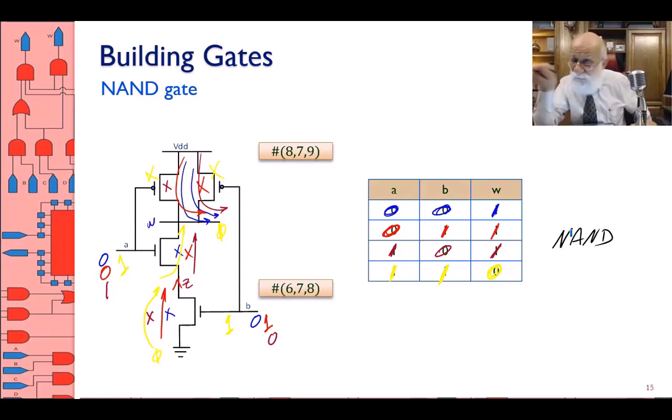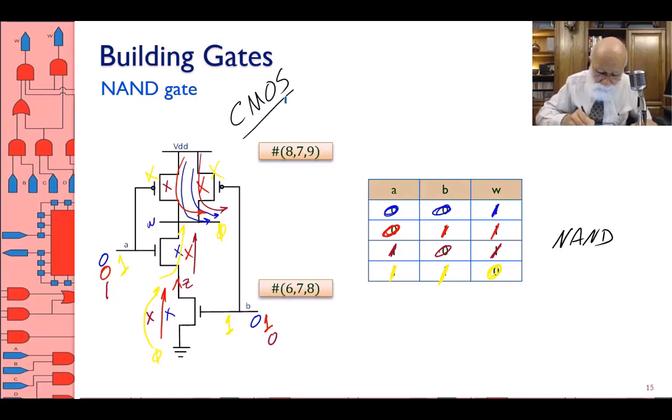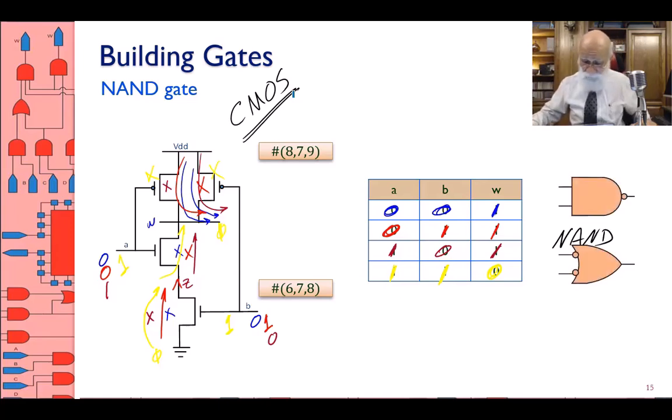So in transition, you get Z's and X's, but that's no problem. In a stable situation, you never have both of them conduct. And therefore, this is called CMOS, complementary MOS. Complementary means that the pull up and the pull down are always complementary.